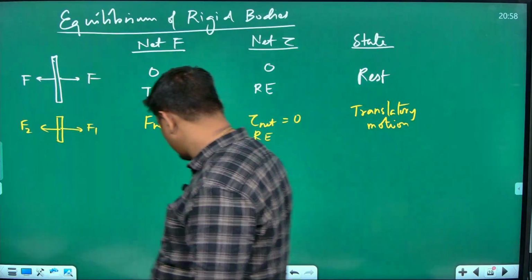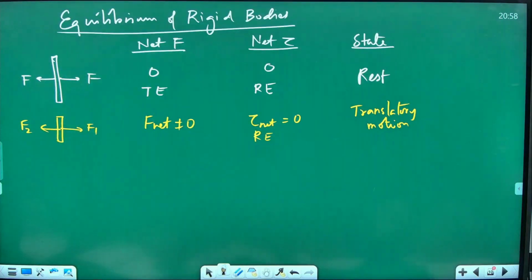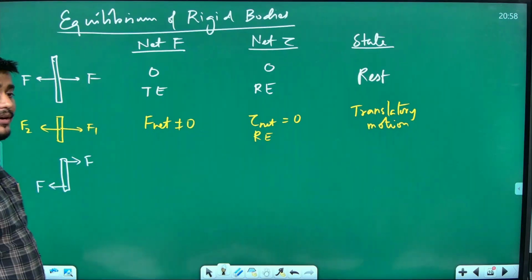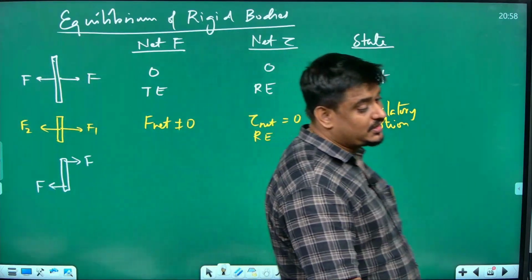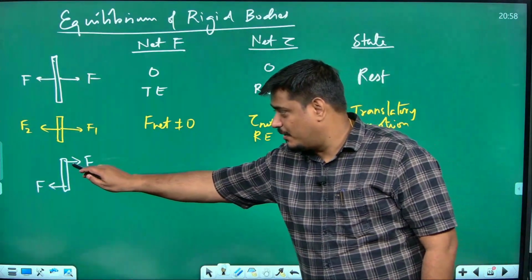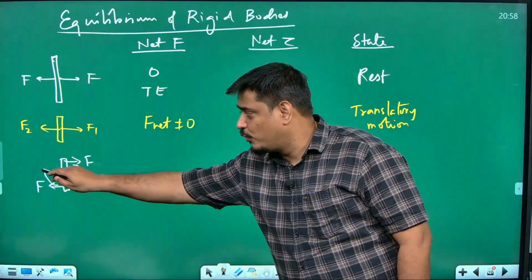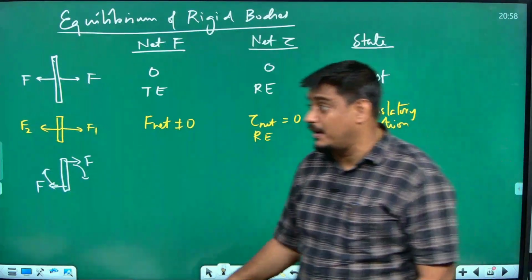Now, imagine there is an object which has two forces which are equal, opposite, but not acting in the same line of action. Rather, they are acting in two different points. What will happen now? F net is 0, but these two forces will create a condition called as couple.